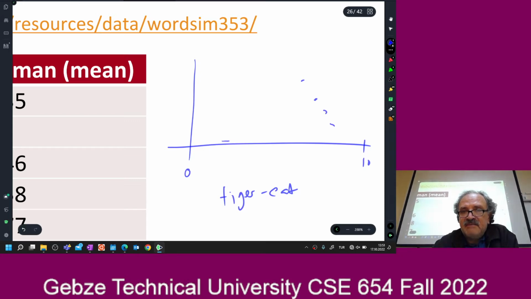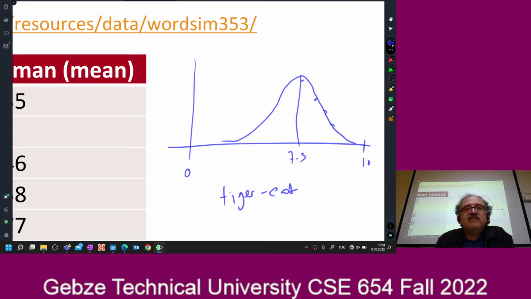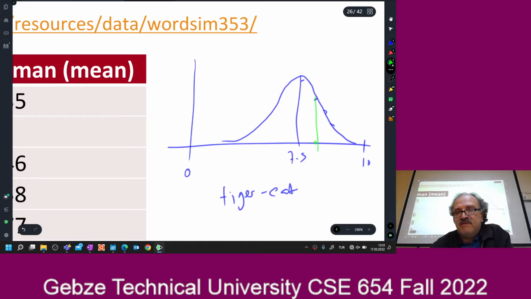I expect something like this, a normal distribution. So the mean should be around here. It is 7.5. If I ask this question to 100 people, this is something that I would get, a normal distribution. If I ask the same question to my word2vec system, and it says it is at this point somewhere here, so that means what?